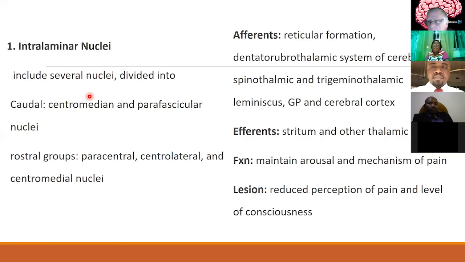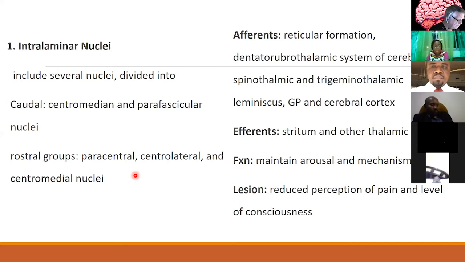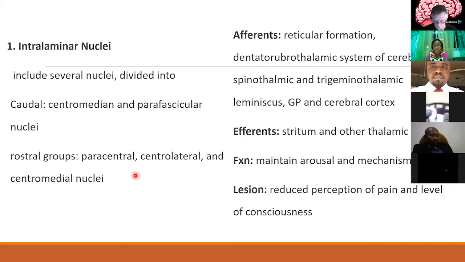The intralaminar nuclei are divided into two parts. We have the caudal part, which is made up of two nuclei, the centromedian and the parafascicular nuclei, and the rostral group, which is made up of three nuclei: the paracentral, the central, and the lateral. They receive afferents from the reticular formation, the dentatothalamic system of the cerebellum, the spinothalamic and trigeminothalamic lemnisci, the globus pallidus and the cerebral cortex, and they send efferents to the striatum and other thalamic nuclei.